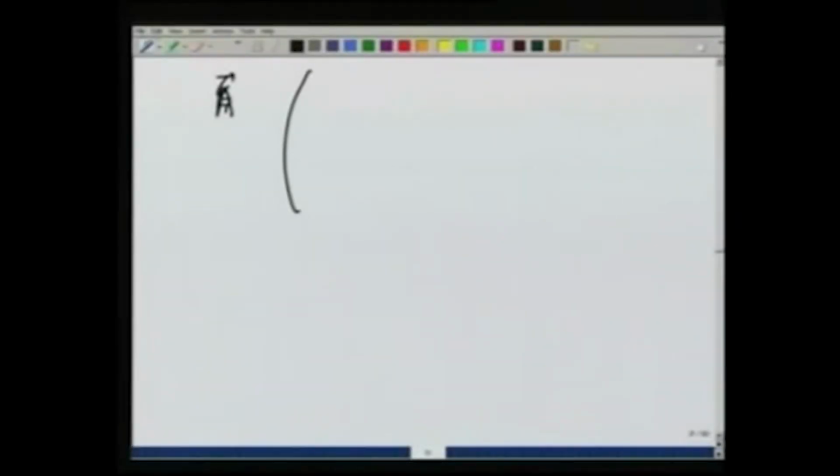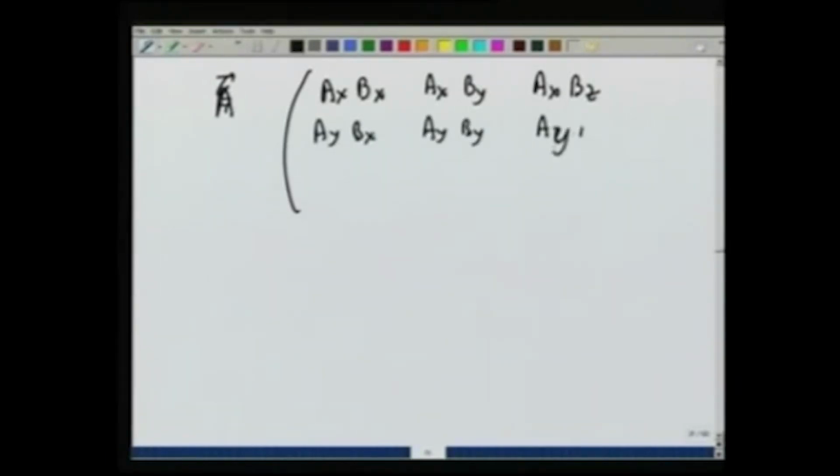So, first quantity I told you about is of those, let me write all the components: ax bx, ax by, ax bz, ay bx, ay by, ay bz, az bx, az by, az bz.